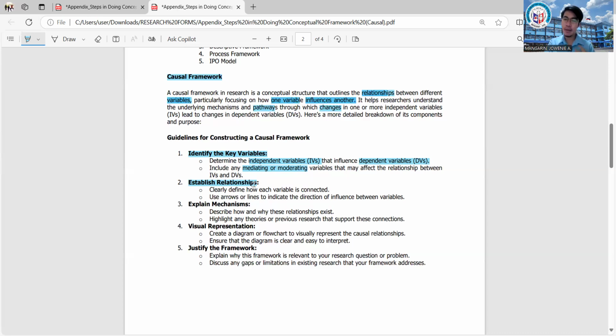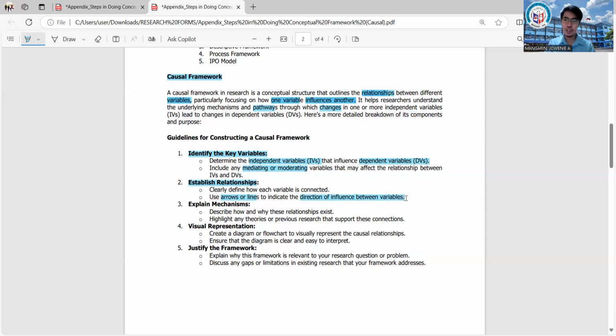Kailangan daw maipakita natin yung relationship na nag-e-exist doon sa mga variables na meron tayo. Ngayon, sir, paano po namin maipapakita yung nag-e-exist na relationship sa mga variables na ito? That is by using arrows or lines to indicate the direction of influence na meron tayo sa mga variables natin.